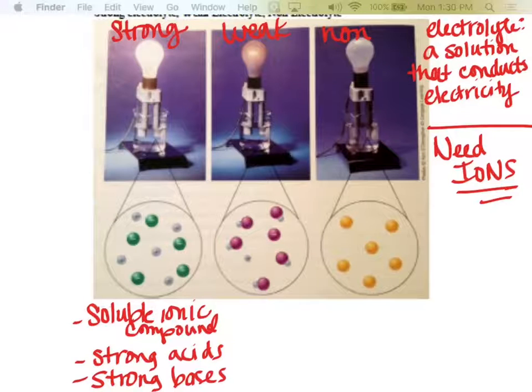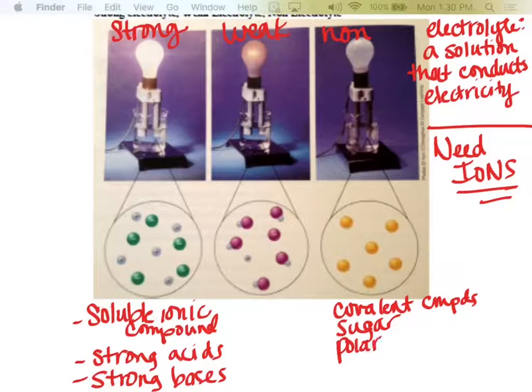What would not conduct electricity? Covalent compounds such as sugar. Or if it's dissolved in water, it would be a polar covalent compound.